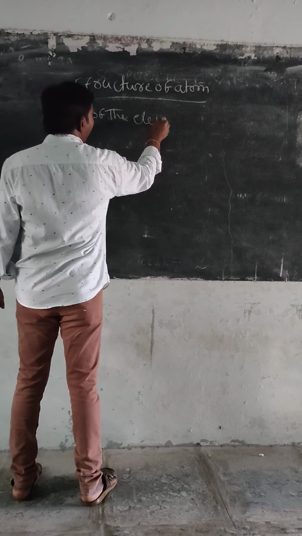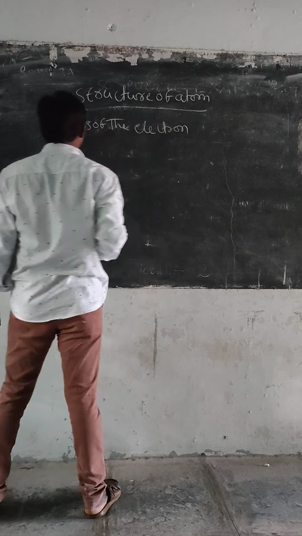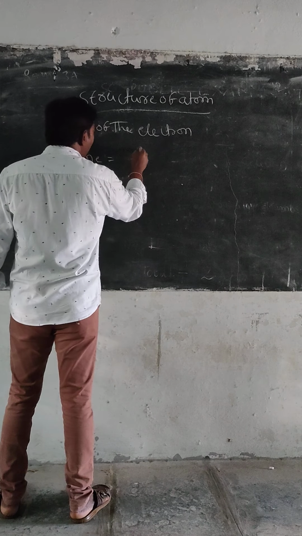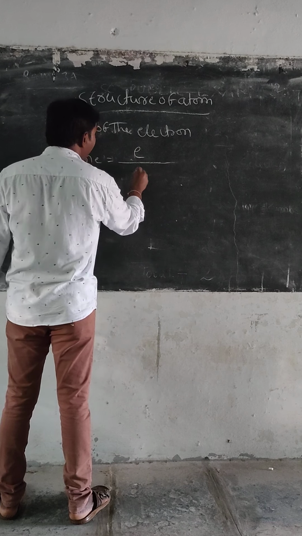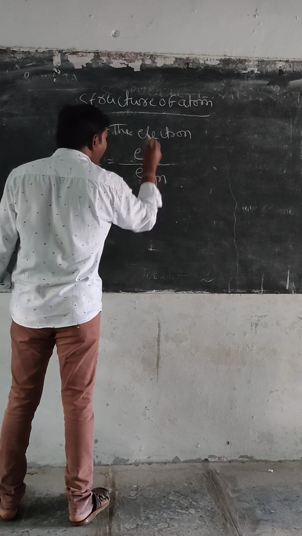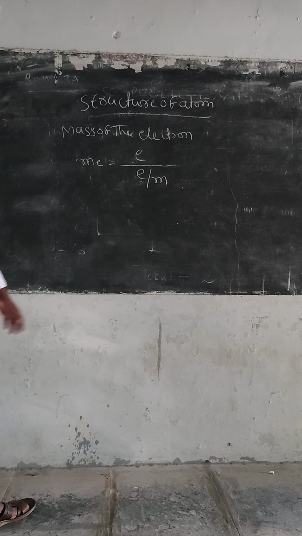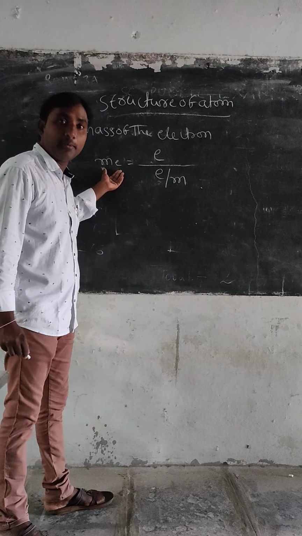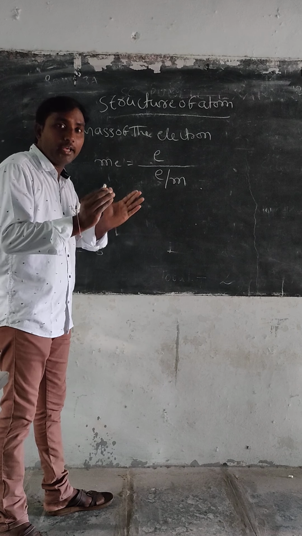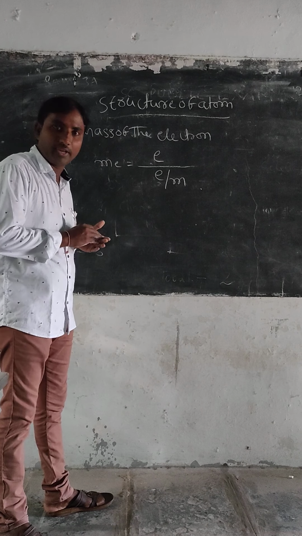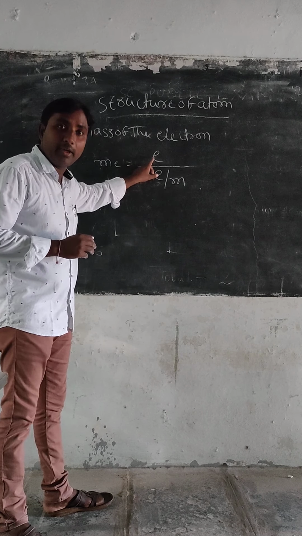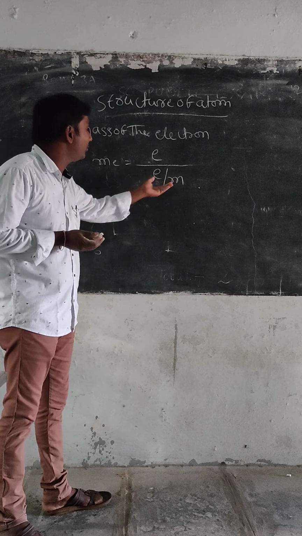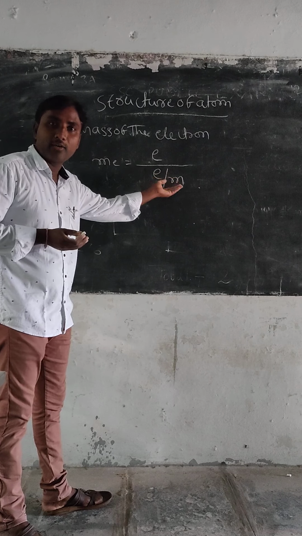Mass of the electron equals charge of the electron divided by charge to mass ratio of the electron. Because J.J. Thomson already gave the charge to mass ratio and R.A. Millikan gave the charge of the electron, automatically we can easily find the mass of the electron.